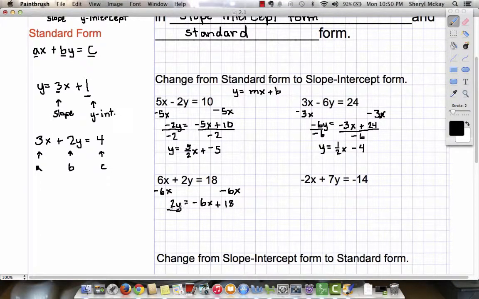Divide by 2 on both sides. And I have y equals negative 6 divided by 2 is a negative 3x plus 18 divided by 2 is 9. Is that what you came up with? I hope so. Why don't you go ahead and try this last one?